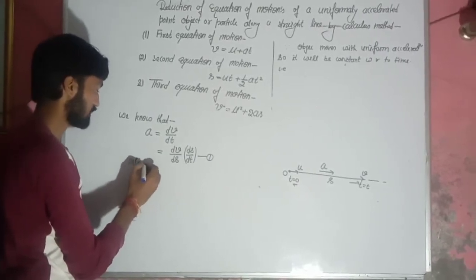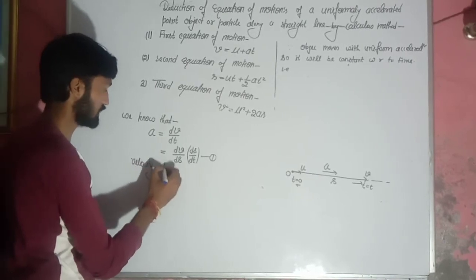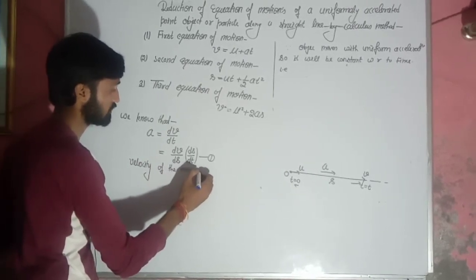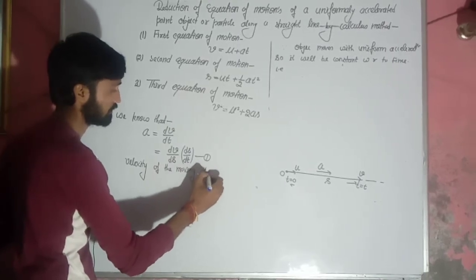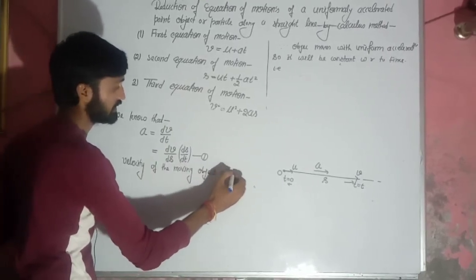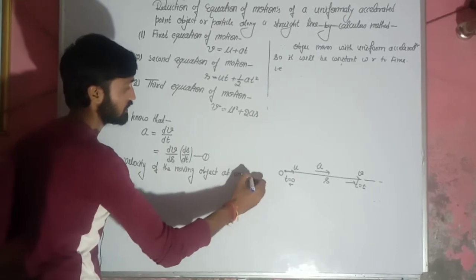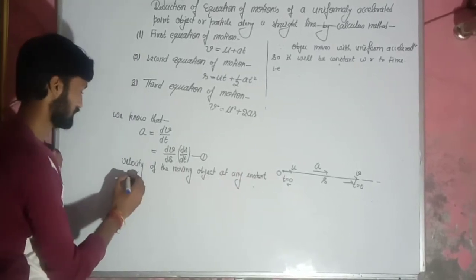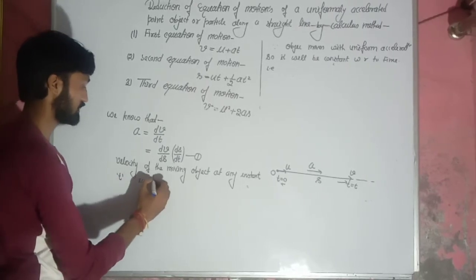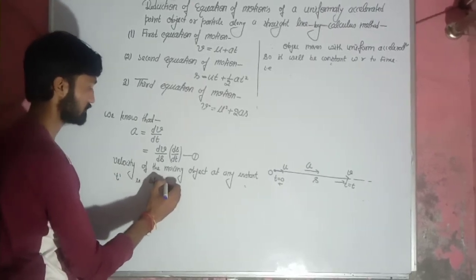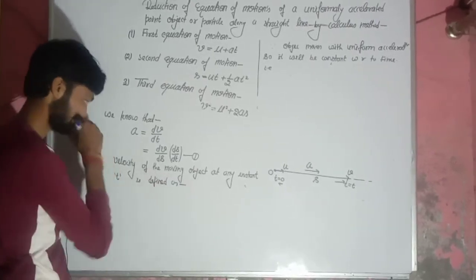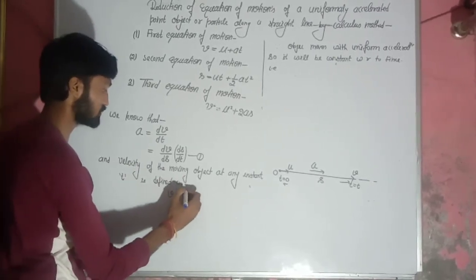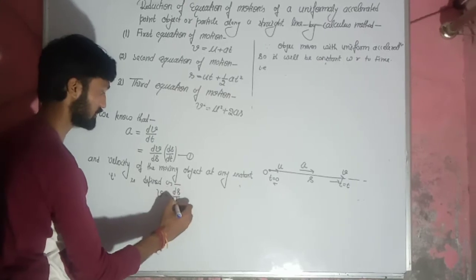The velocity of the moving object at any instant t is defined as v equals ds by dt.